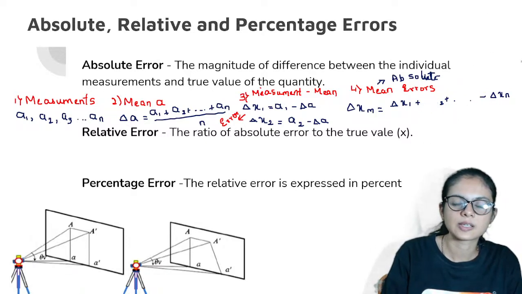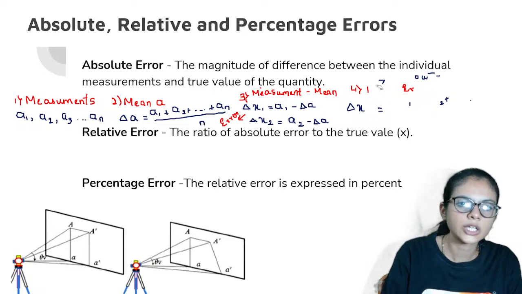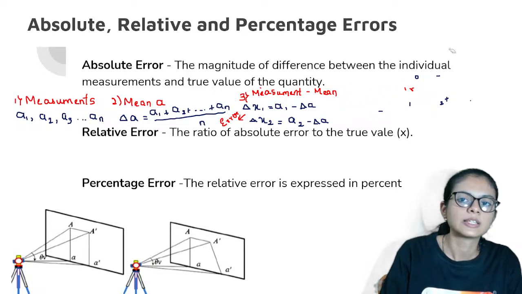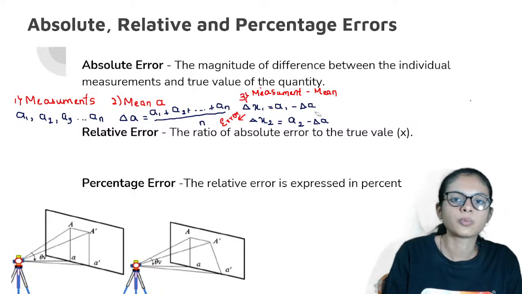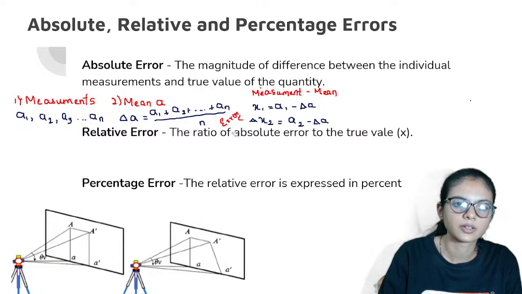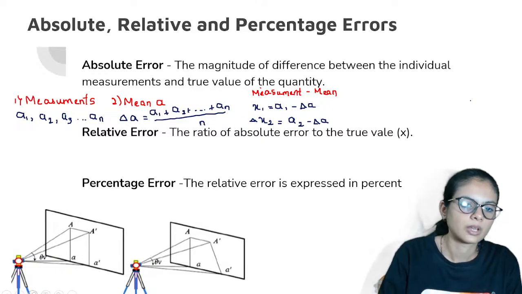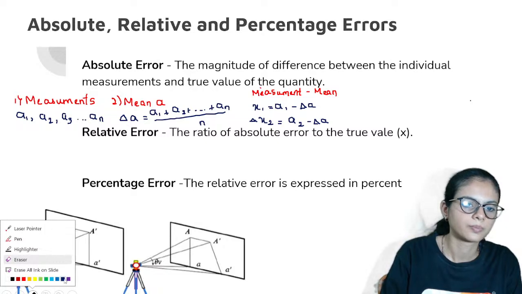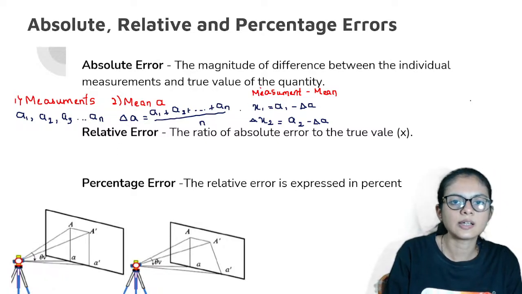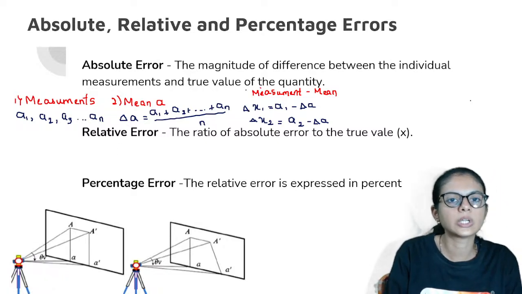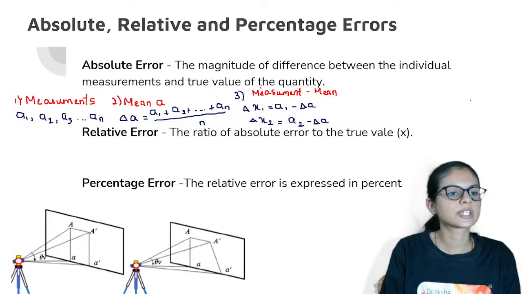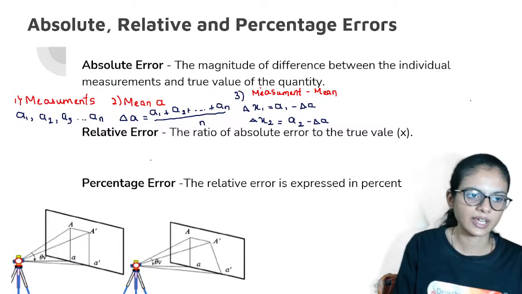This is not wrong, but I have combined them. This is called relative error. What we are getting here, this error, is the absolute error. Okay, only three steps. The fourth step is for relative error.